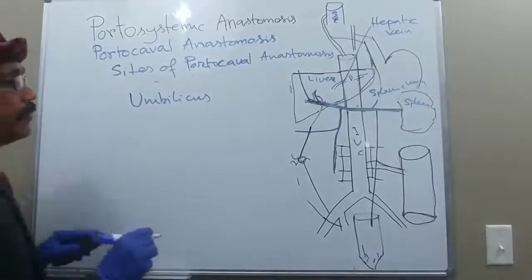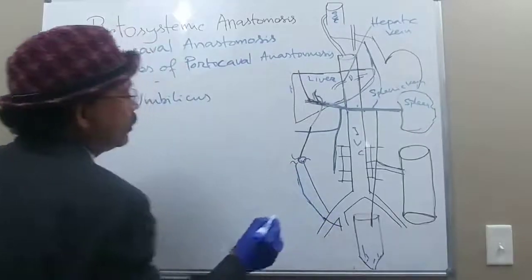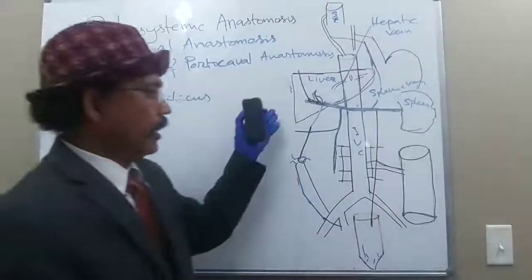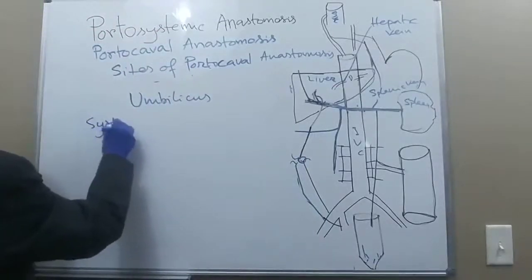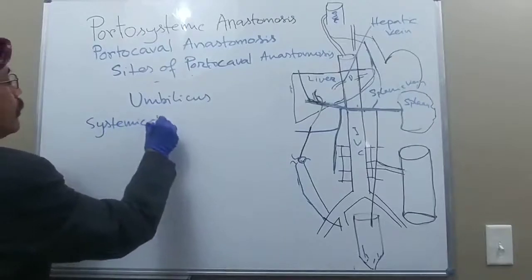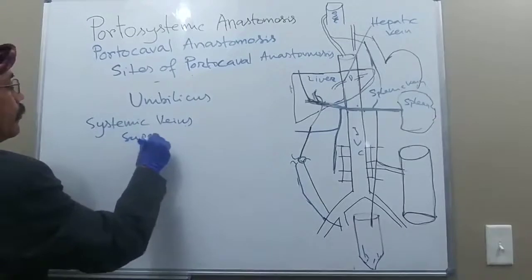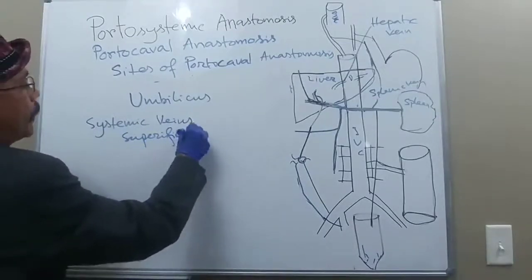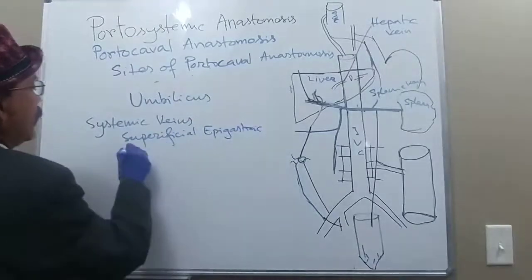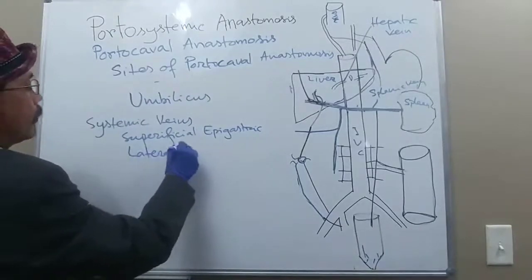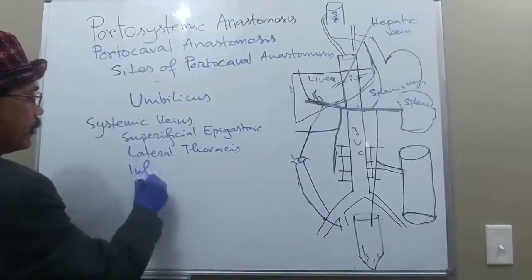Here the systemic veins are the epigastric veins: superficial epigastric vein, intercostal veins, lateral thoracic veins, and inferior epigastric.